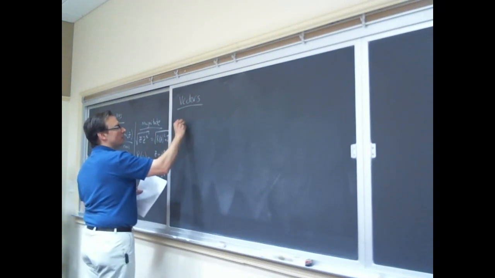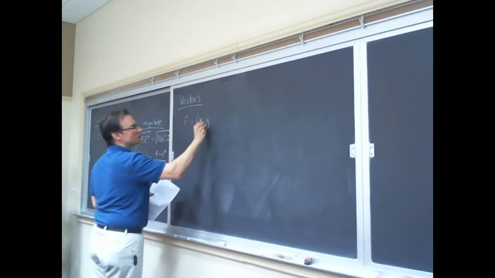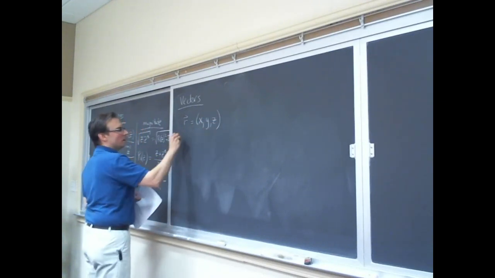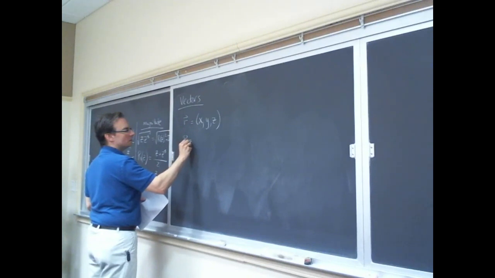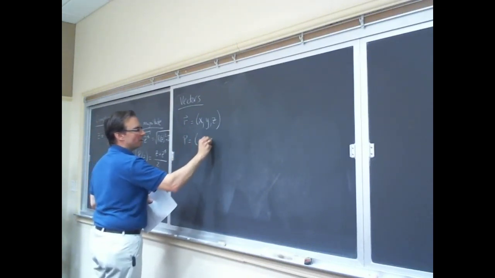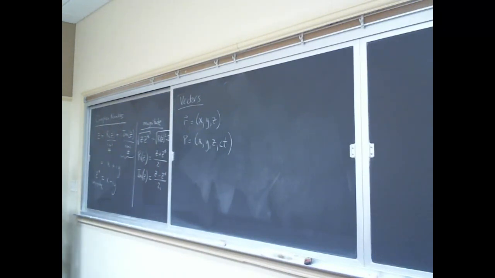We can have a vector R, which has components x, y, z. Or we can have a four-dimensional vector, which we run into in relativity, where you add a time component multiplied by the speed of light to give you units of distance.